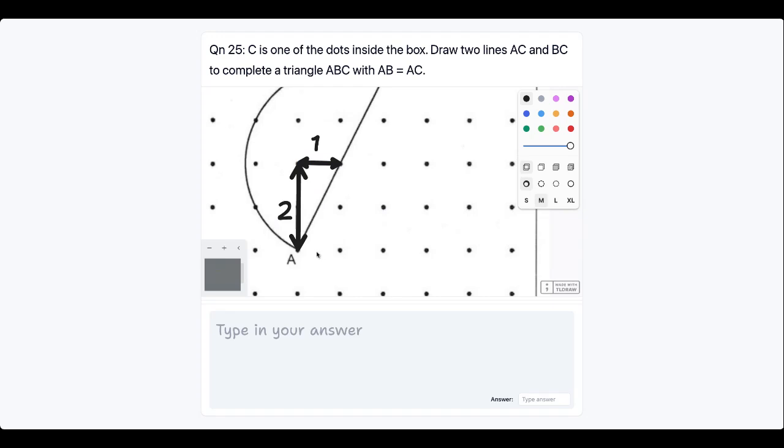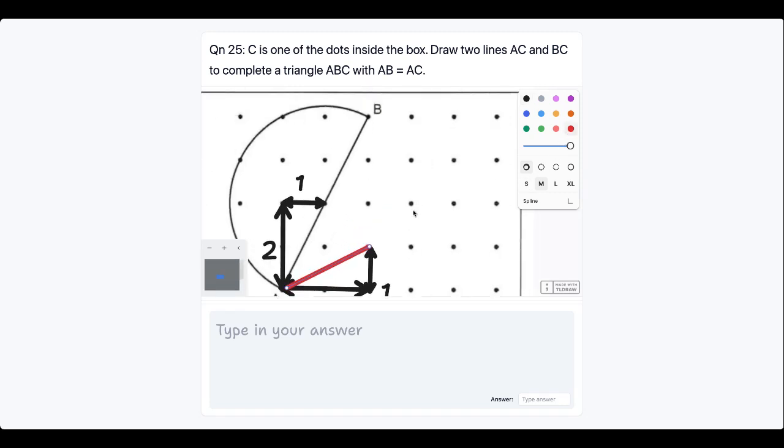From here, we can do it the opposite way. So this will be 2, and we go from 1 on top. Why we are doing this is because we can draw a straight line from A to this part, and then we reach the other side.